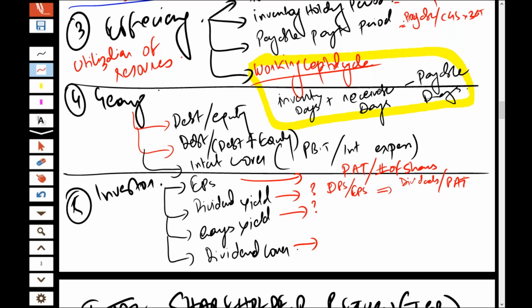Now let's move a bit forward. Earnings yield is EPS divided by the share price.